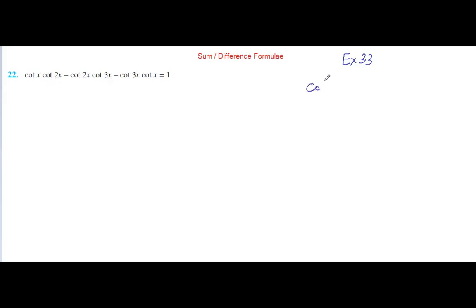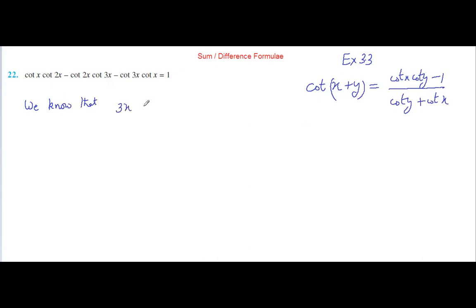We make use of the formula of cot of (x plus y), which is equal to (cot x cot y minus 1) divided by (cot y plus cot x). How can we use this formula? We will use it in this way. We know that 3x can be written as x plus 2x.